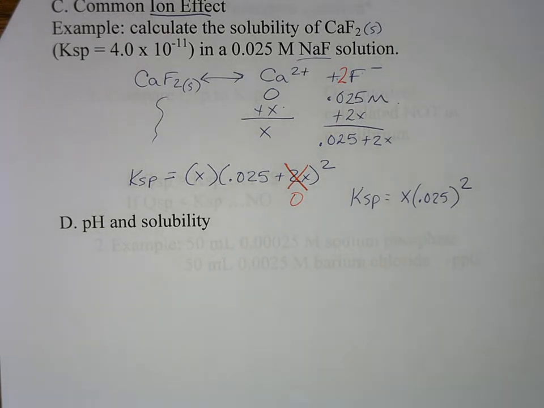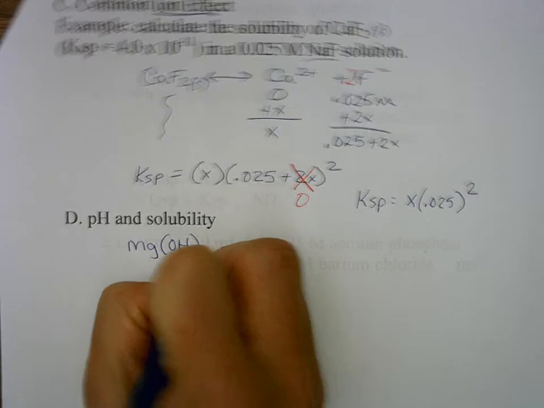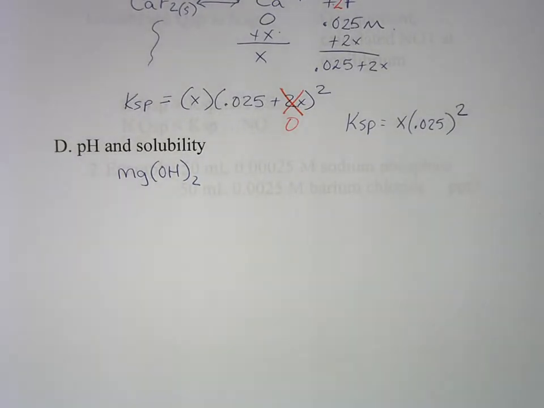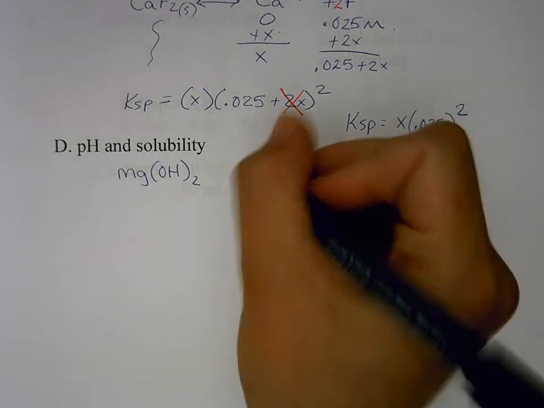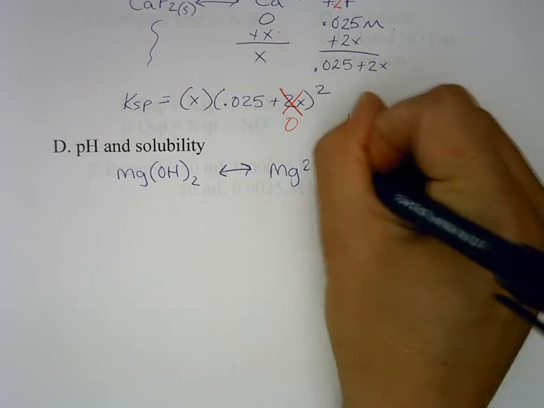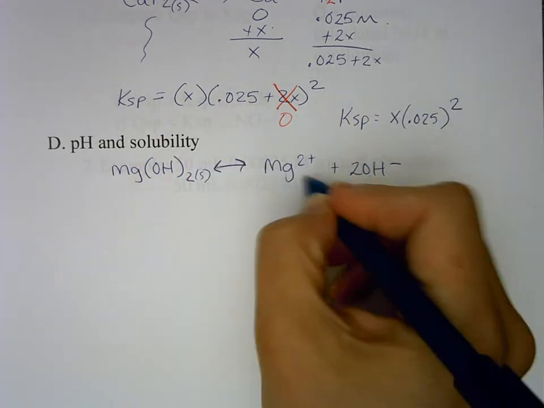Let's say we have magnesium hydroxide, which is a weak base, so it's also not very soluble. A tiny percentage of it ionizes into magnesium and hydroxide ions: solid, aqueous, aqueous.